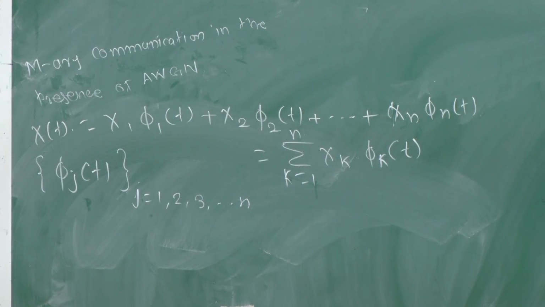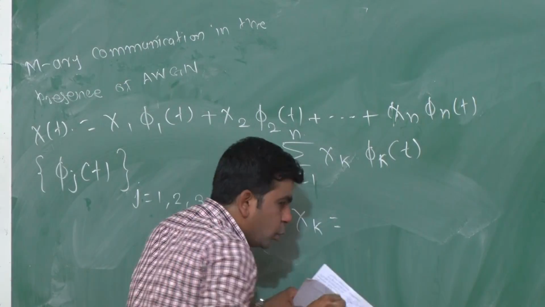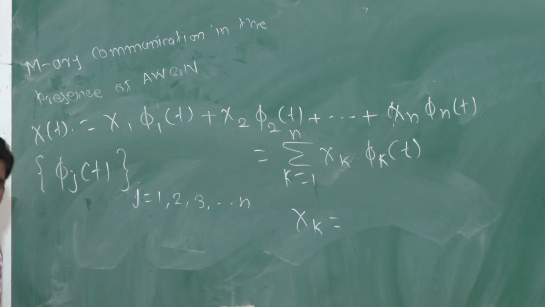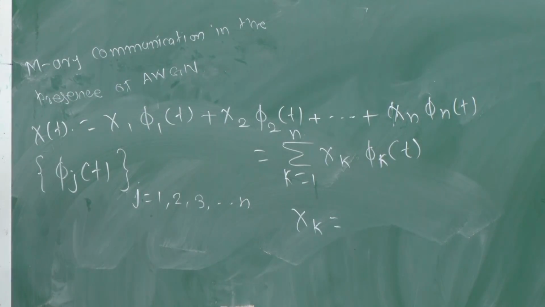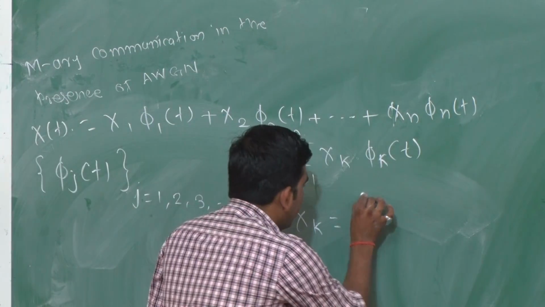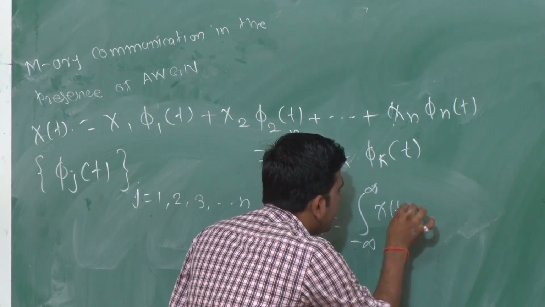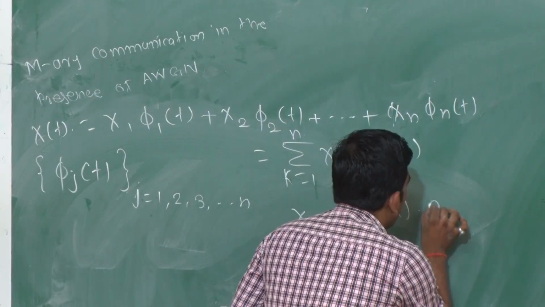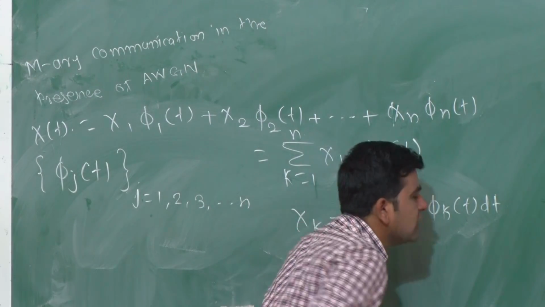Here xk, the projection of the random process on the basis function, is given as the integration from minus infinity to infinity of x of t into phi k of t dt.